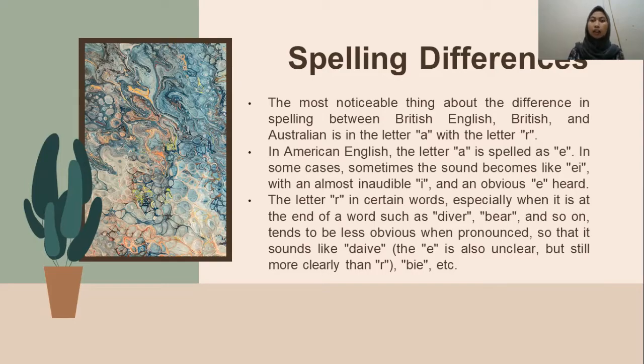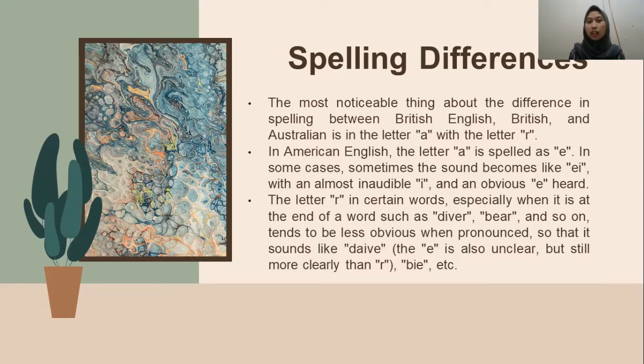The letter R in certain words, especially when it is at the end of words such as diver and beer and so on, tends to be less obvious when pronounced.